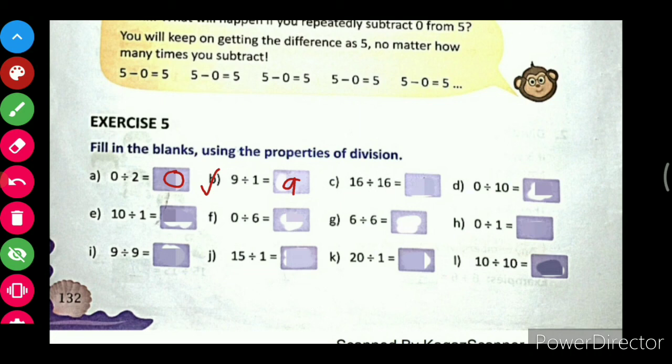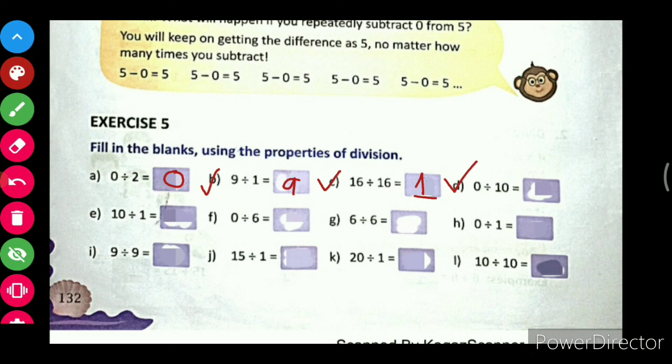In our first property we have seen that any number divided by 1 gives the same number as the quotient. Now see C part, 16 divided by 16. Any number divided by itself will give 1. Now see D part, 0 divided by 10.